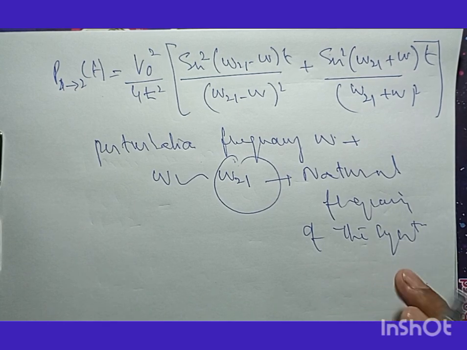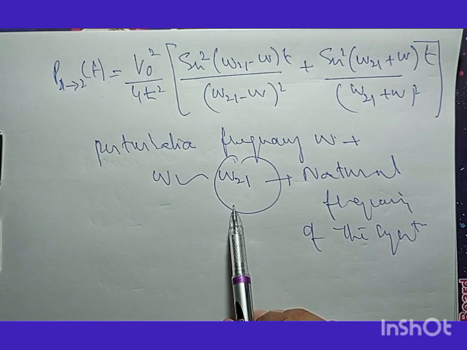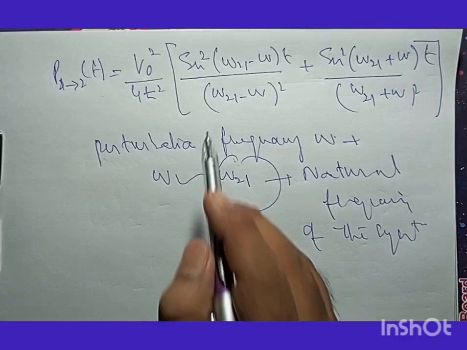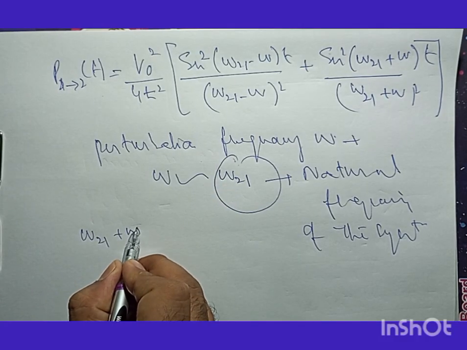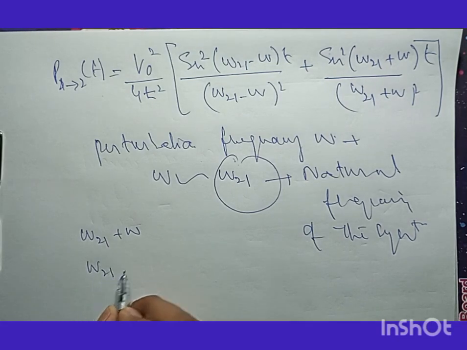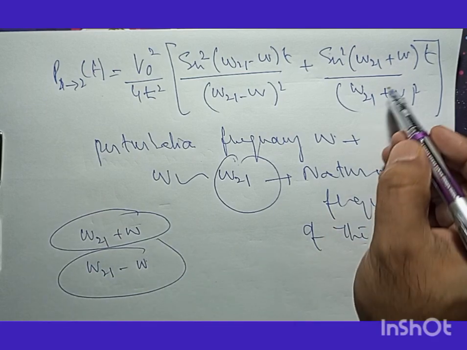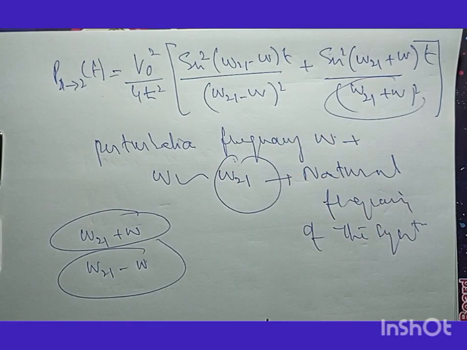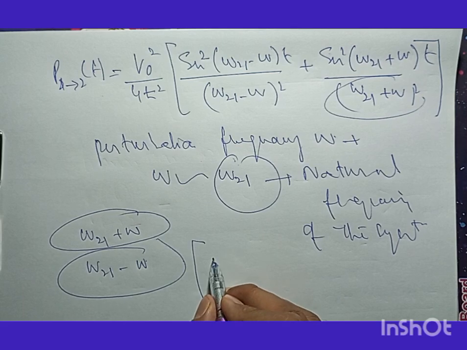The terms omega21 plus omega and omega21 minus omega behave differently. These two terms in this equation behave differently, and we want to talk about that behavior. Now, the first argument is the off-resonant term.